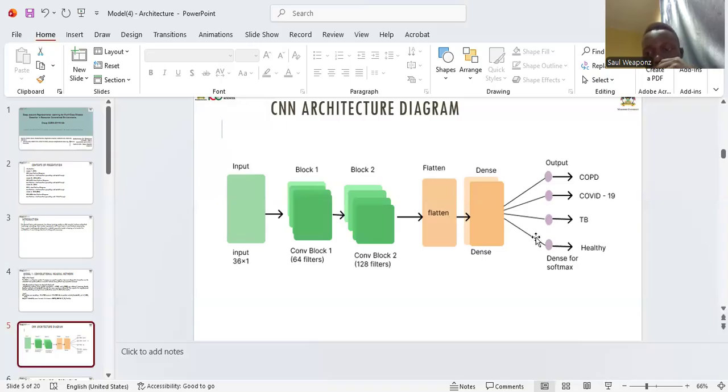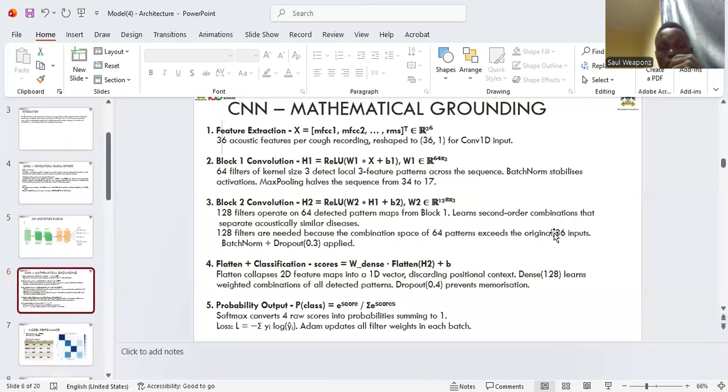Then the probability output per class at the softmax will be distributed across the four classes, and the probabilities of all these four classes should sum up to one. This is just a mathematical grounding showing what I was explaining.